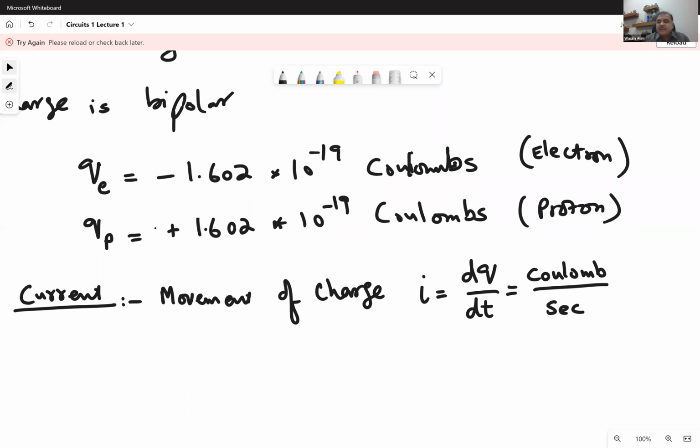Okay, and there's a simpler unit that was described later on, and that is called amperes. Okay, so that's how we come up with the unit for current. So it is classified as coulombs per second, or charge per unit time in terms of the flow.